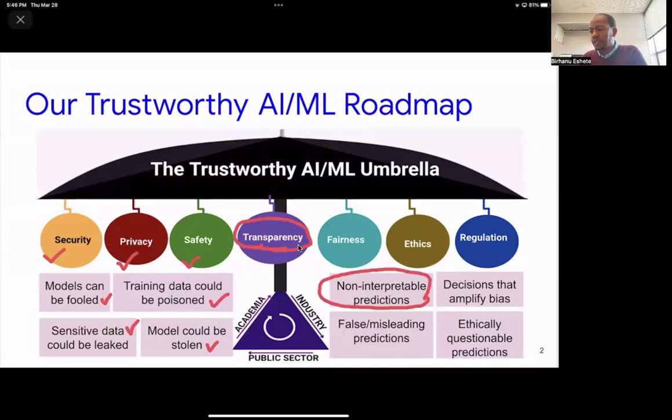So we want to debug the situation of non-interpretable predictions when machine learning models produce outputs.